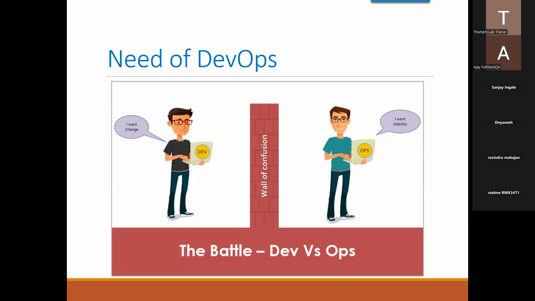They will have very good knowledge about writing code and creating applications. But I am, let's say, a support team guy, and I may not have good knowledge about coding. So there was a gap. There was a need to bridge the gap between developers and the operation team so that collaboration would improve.